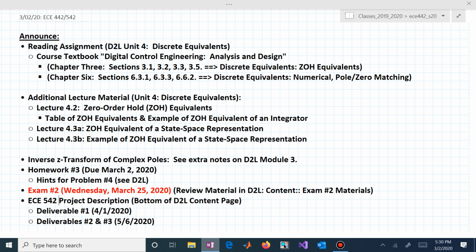And another version of discrete equivalence, which we will call numerical integration techniques and pole zero matching or pole zero mapping, are done in Chapter 6. Those are the sections in the course textbook that you can refer to if you want to see additional material beyond what I'm providing here, which is what I would recommend that you do.